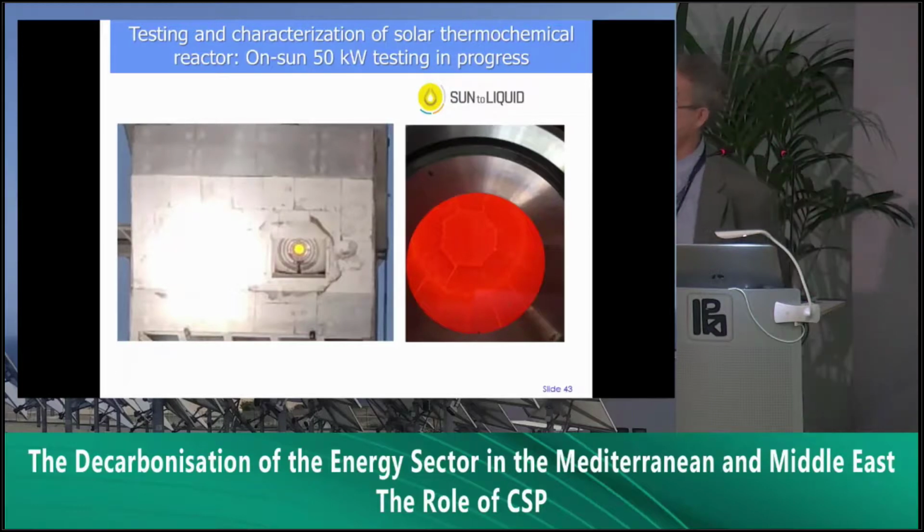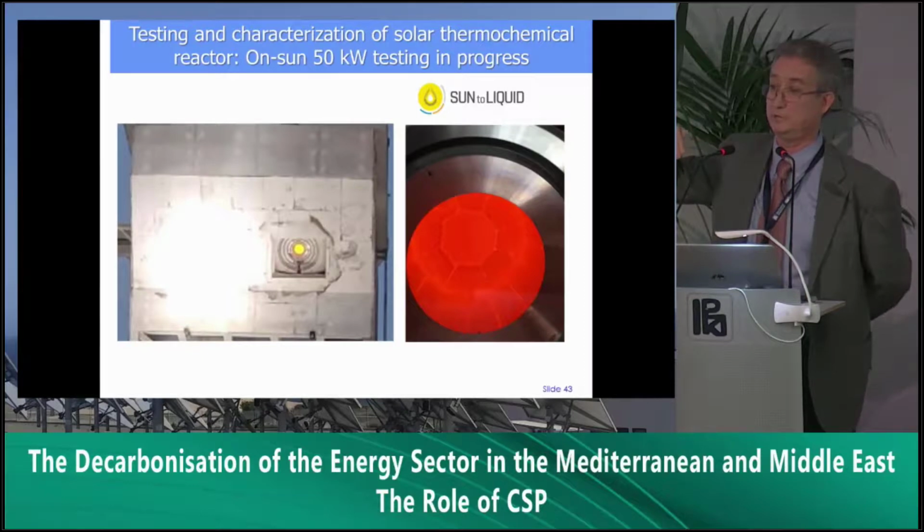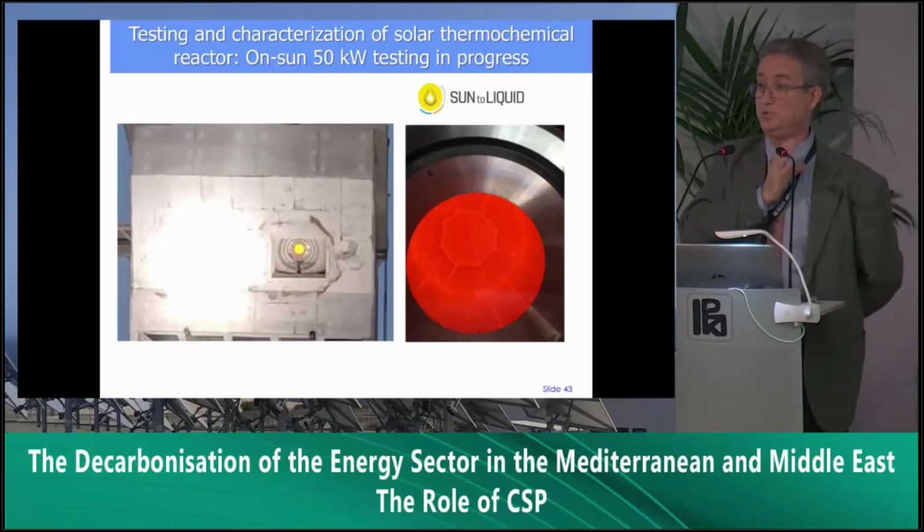So if you see, we have two cavities. We are illuminating one of them on the left, and on the right side, the other reactor is cooling down. So the oxidation step is taken with no sun, no heating. It's exothermal. So during this period, you are illuminating or putting your energy in another reactor, and you are switching all the time.